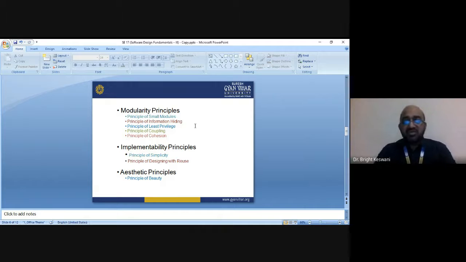Principle of designing with reuse: systems should be designed to reuse existing assets as much as possible. So what is the concept of reusability? Systems should be designed to reuse existing assets as much as possible. This is the concept of the principle of designing with reuse.